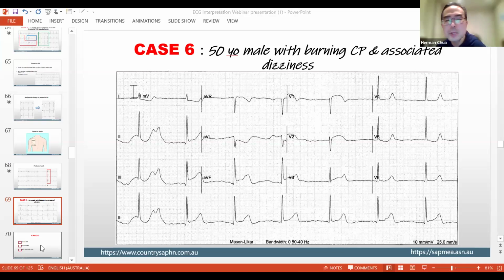Is this an inferior? Is this an anterior? Or is this a right ventricular OMI? Wow, this is close.